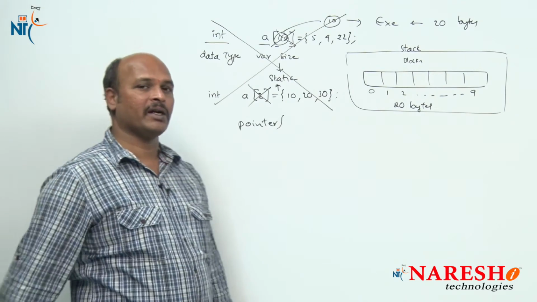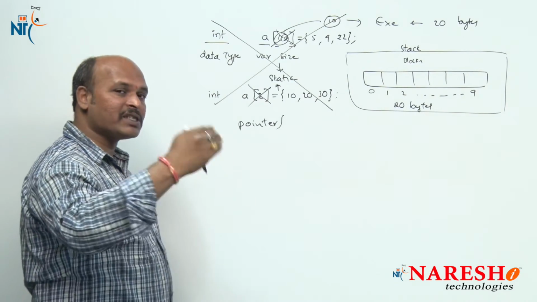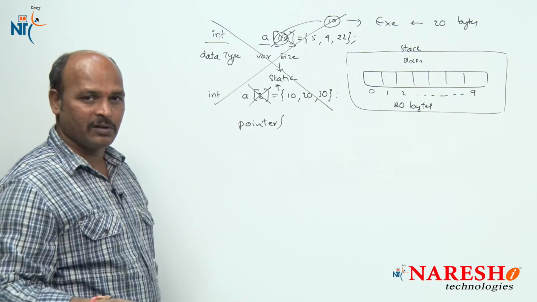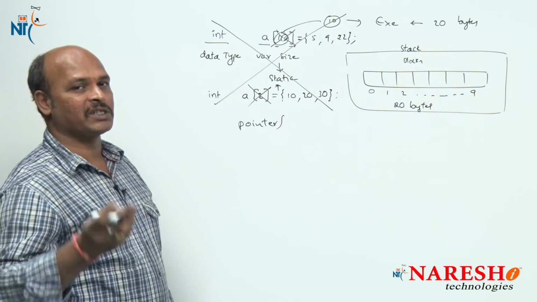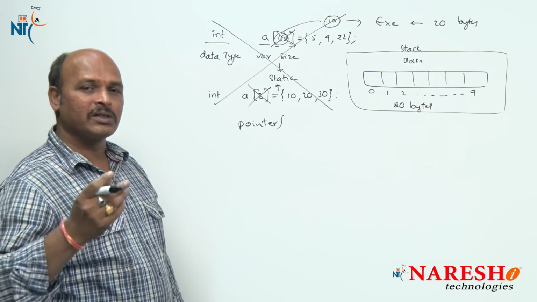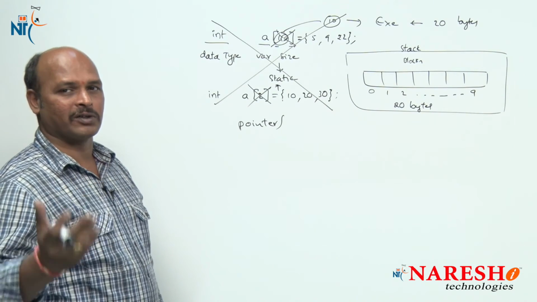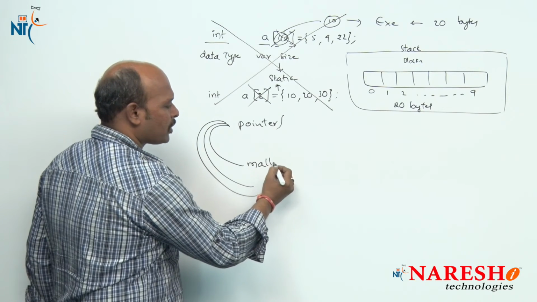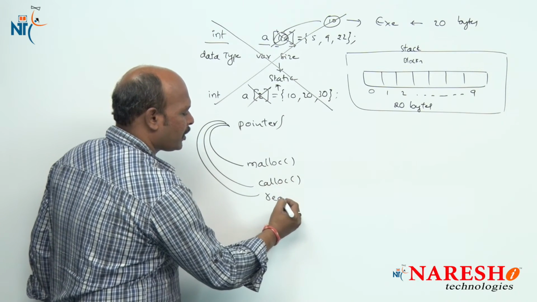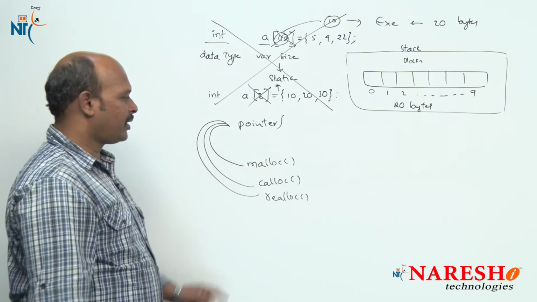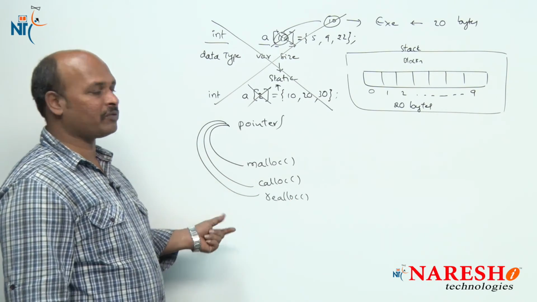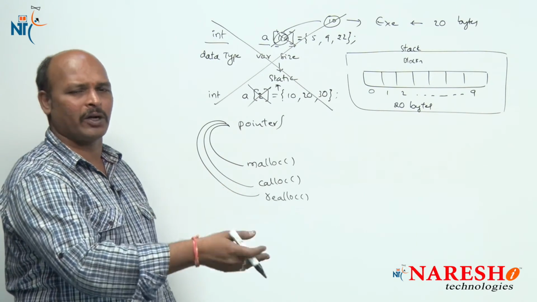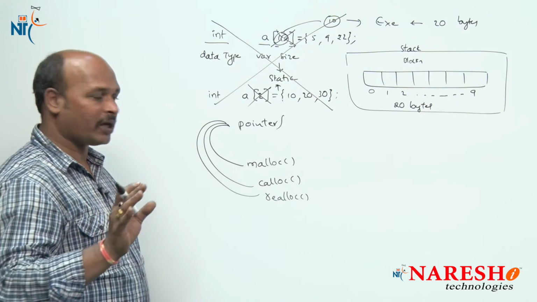Next, one interesting thing: in C language, for dynamic memory allocation we use functions, because C is a function oriented language. The functions are malloc, calloc and realloc, and of course there is also free.